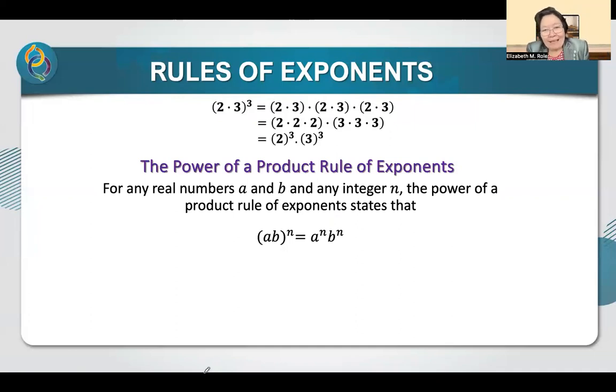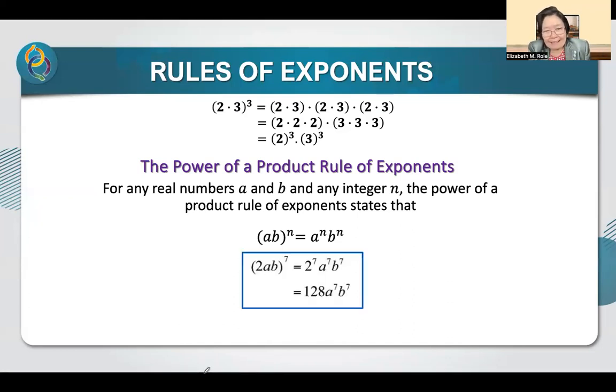This tells us that (ab) raised to the n, you just distribute your exponent to each of a and b. So (ab) to the n is a to the n times b to the n.